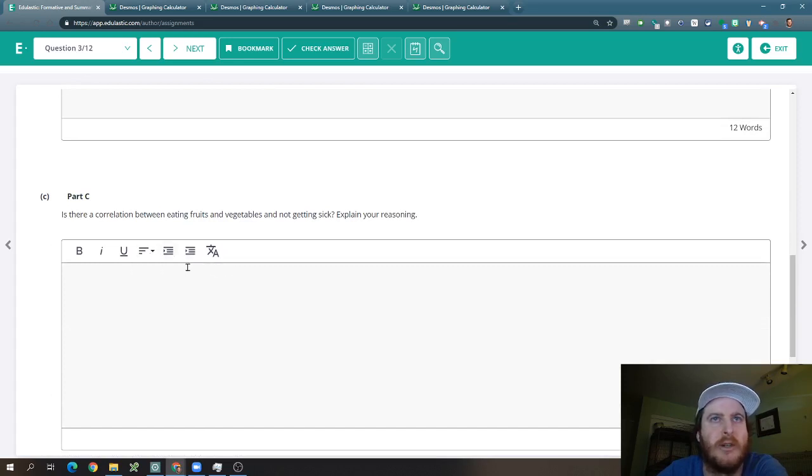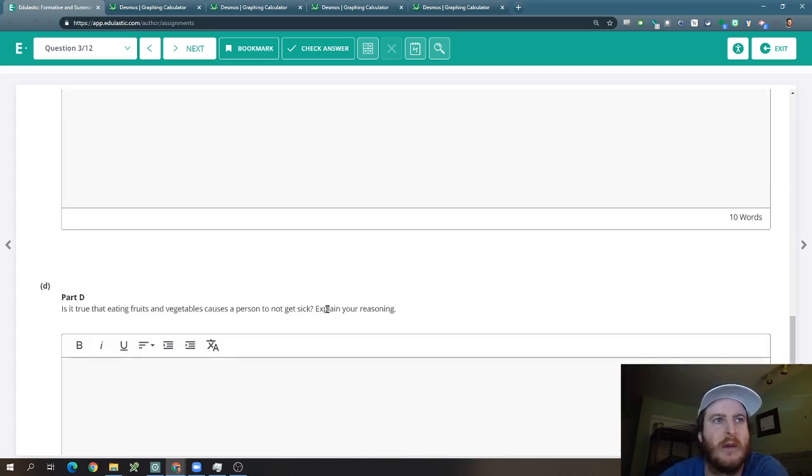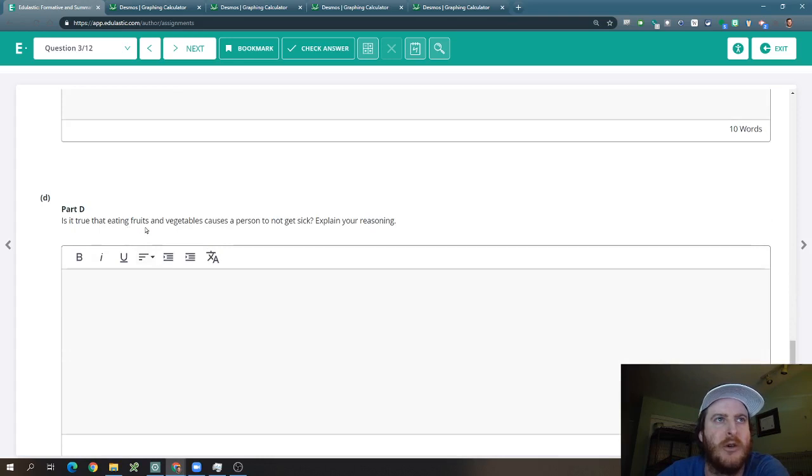Is there a correlation between eating fruits and vegetables and not getting sick? So I would say yes, there is a correlation, right? Probably people who eat healthier will get sick less often. Right? And then lastly, is it true that eating fruits and vegetables causes a person to not get sick?